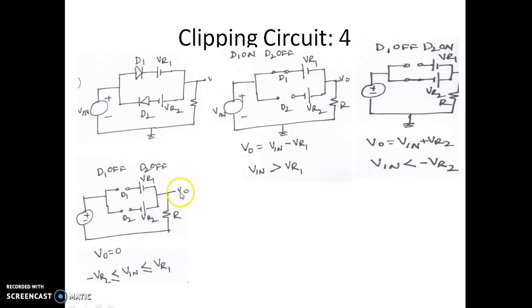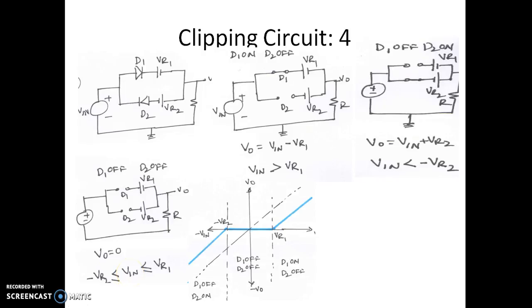Under that condition, the output voltage is 0 volt, and that will occur when the input voltage is less than VR1 and more than minus VR2, or minus VR2 is less than or equal to Vin.